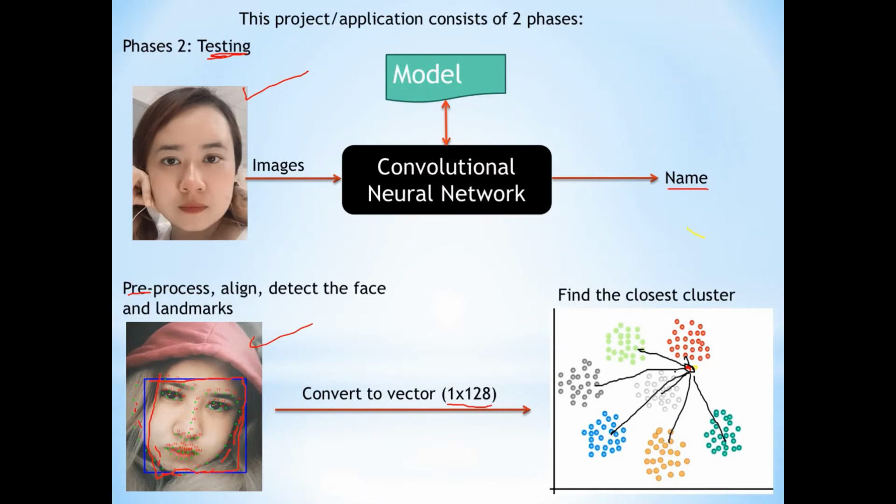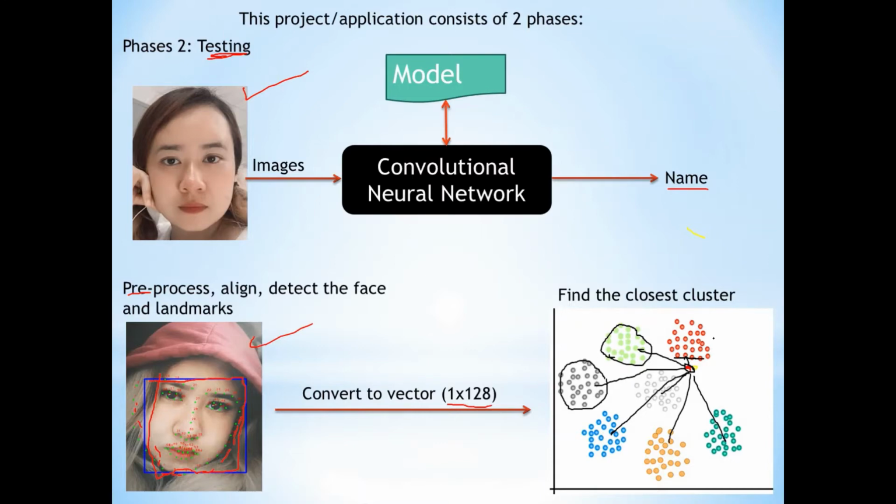We will calculate how far this image is, which is not enrolled, but we already converted into a vector. So this vector is close to which of these clusters? Every cluster represents one person. So we will see this one is close to which person.